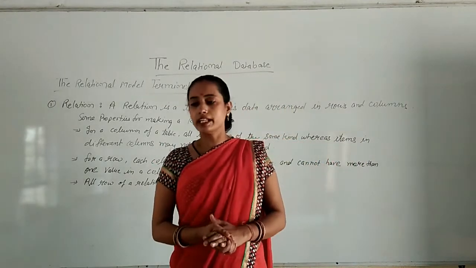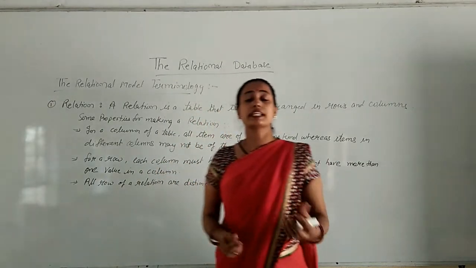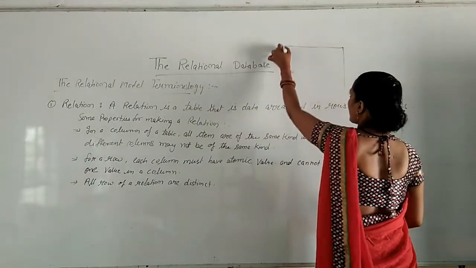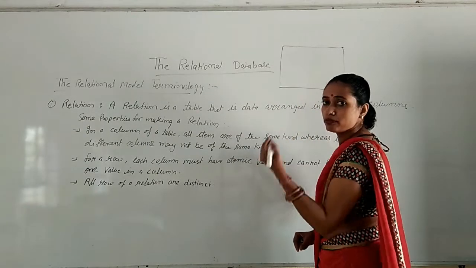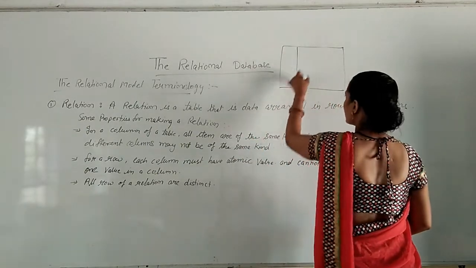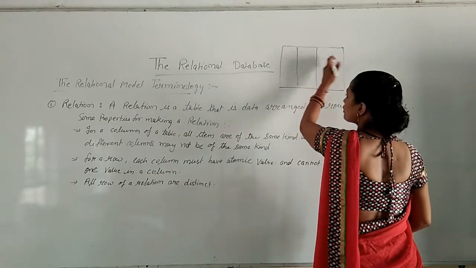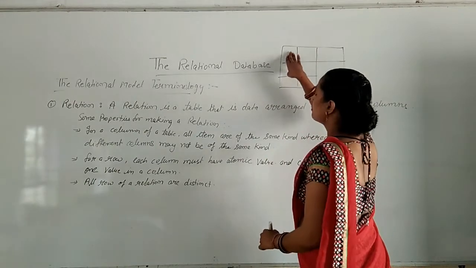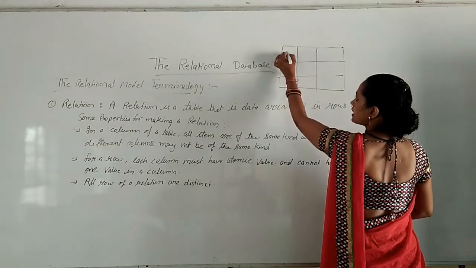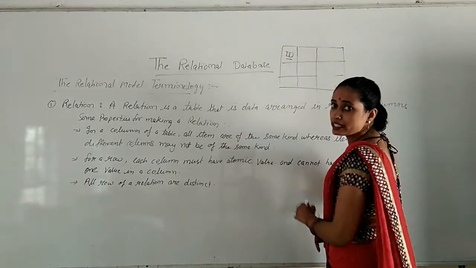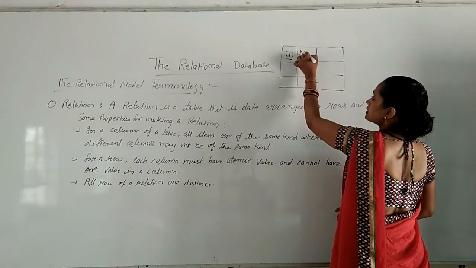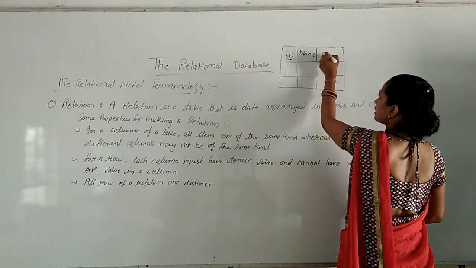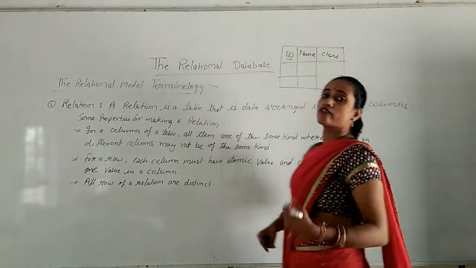In the sense, like, I have one table here, and I'm giving the field names. This is my table, this is my column, and this is my row. So in the field names, I am first giving ID, second is name, and third is class. So these are my field names.